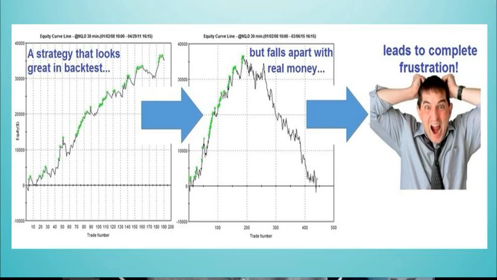Now, unfortunately, the way most people build algos is they create a great back test, like the chart on the left, and then they go live and it falls apart, kind of like the chart in the middle, and then they start pulling their hair out like this guy does. So that's how most people develop systems. They do things the wrong way.